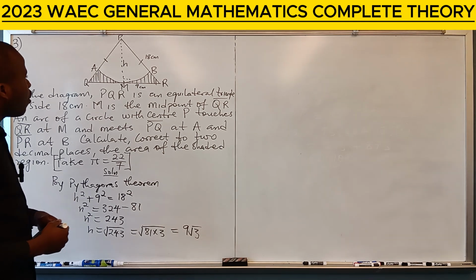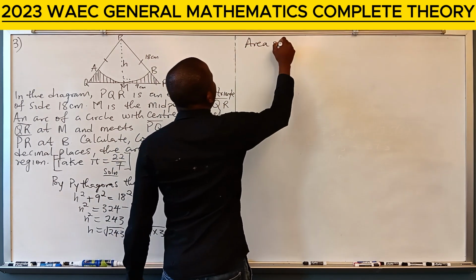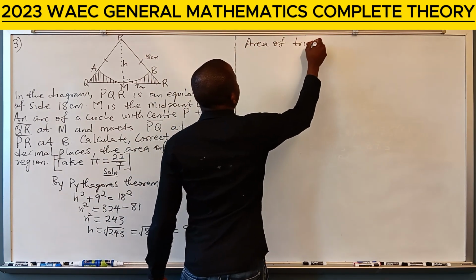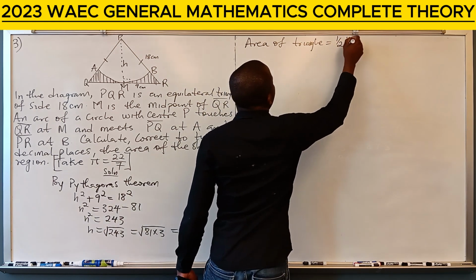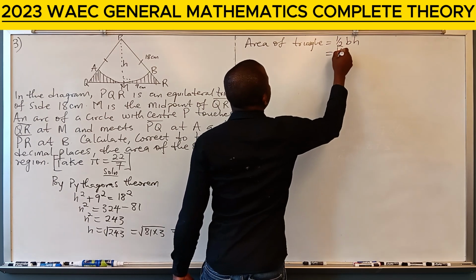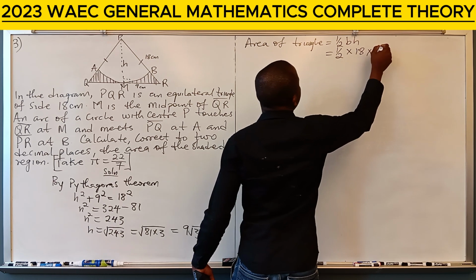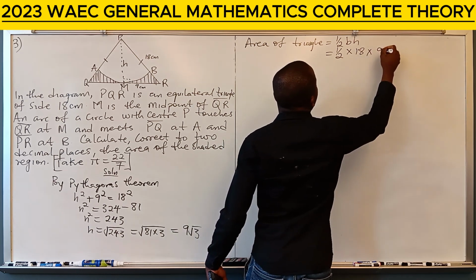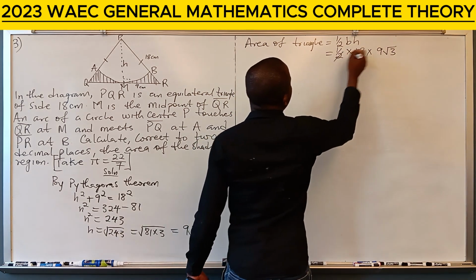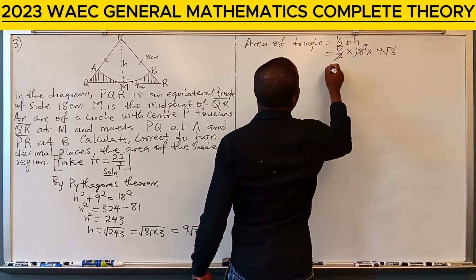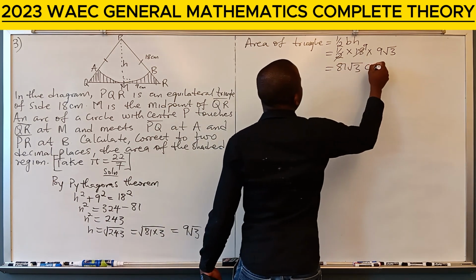Now, what is the area of the equilateral triangle? Area of triangle is half base times height, which is half, the base is 18 and the height is 9 root 3. 2 here is 9. 9 times 9 is 81 root 3 centimeter square.